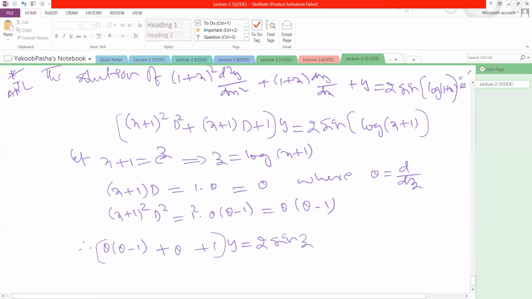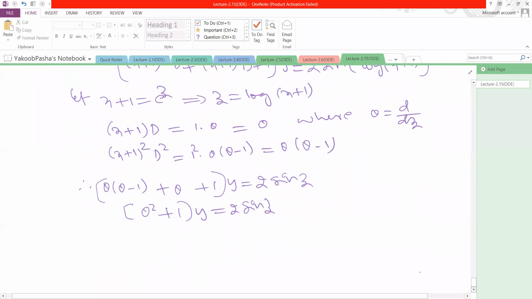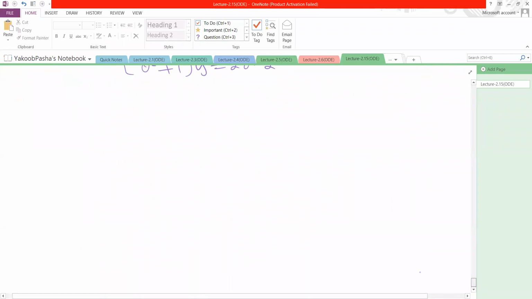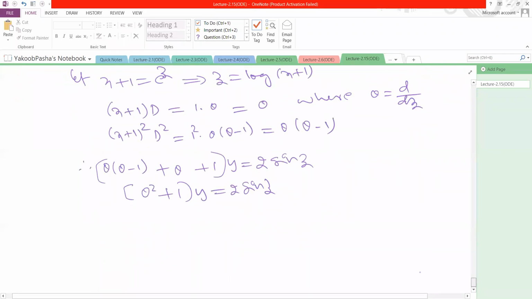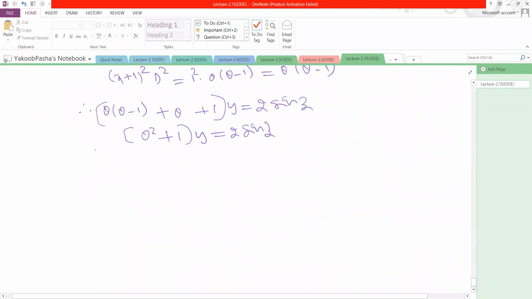So here theta square plus 1 into y is equal to 2 sin z. Now take the corresponding auxiliary equation, that is m square plus 1 equal to 0. m is equal to plus or minus i.